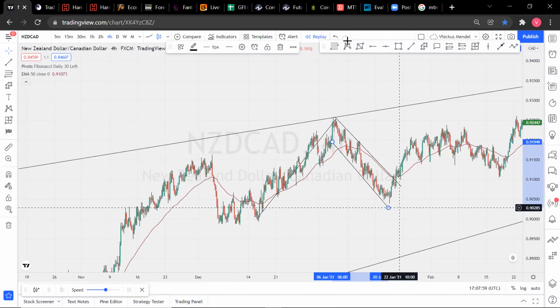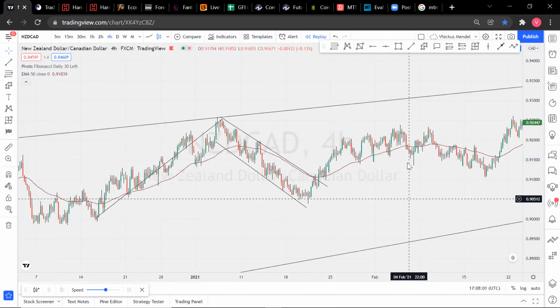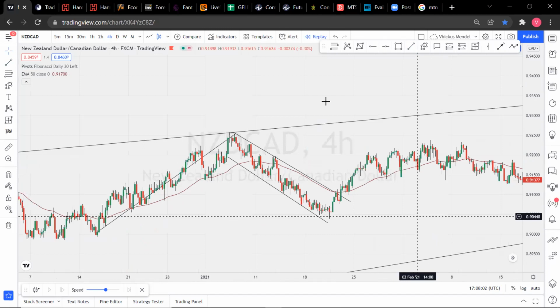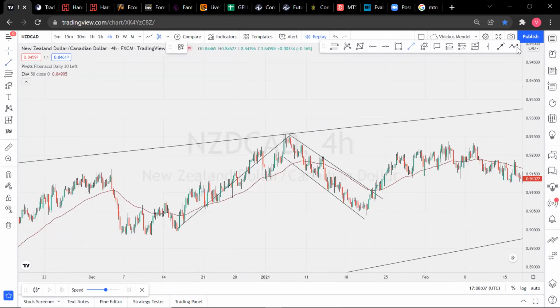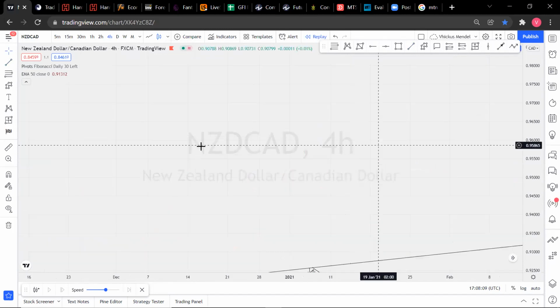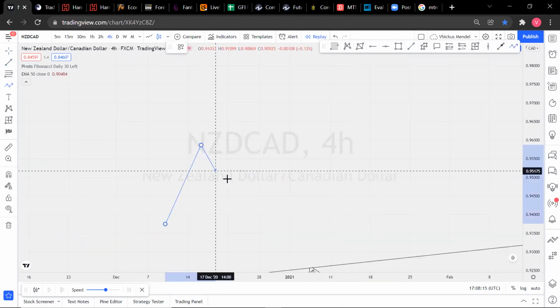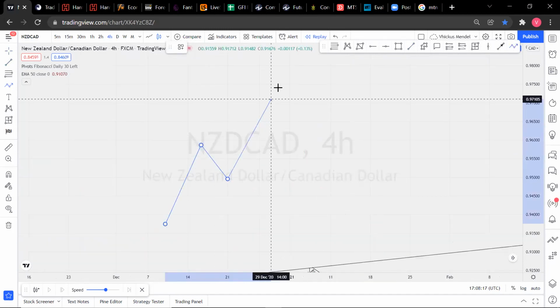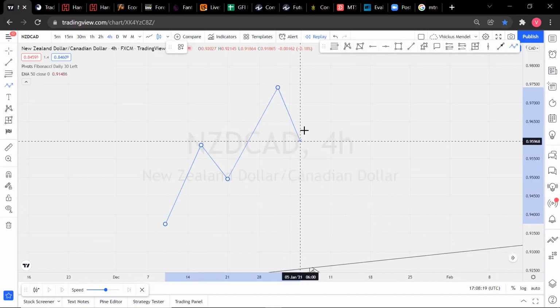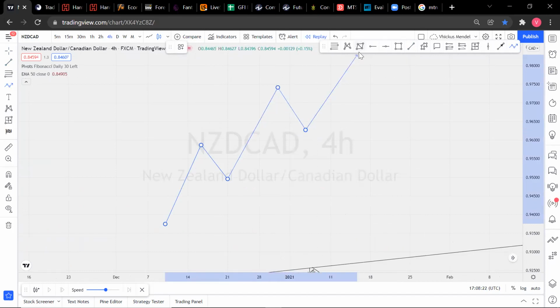So you see, after every impulse move, you have to keep it in mind that when you get an impulse move, you get a correction. An impulse move, you get a correction. An impulse move, you get a correction.